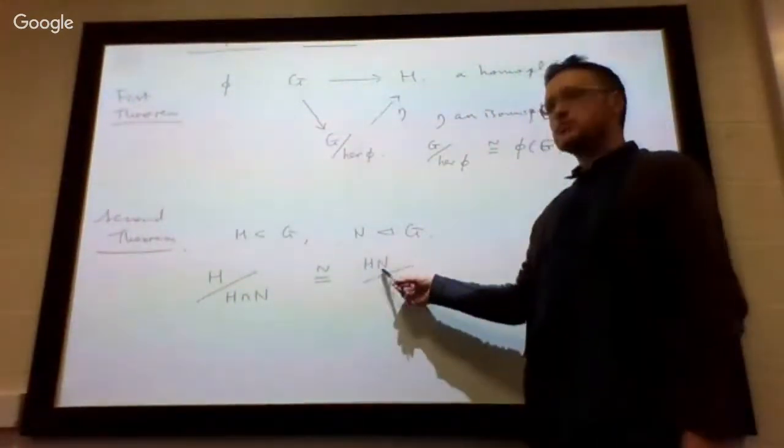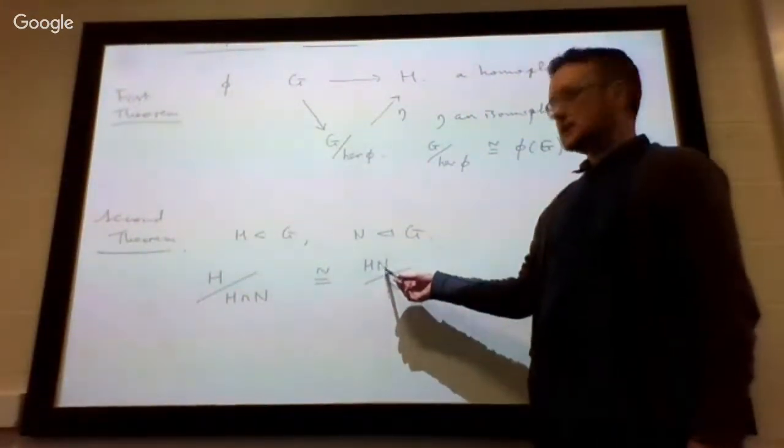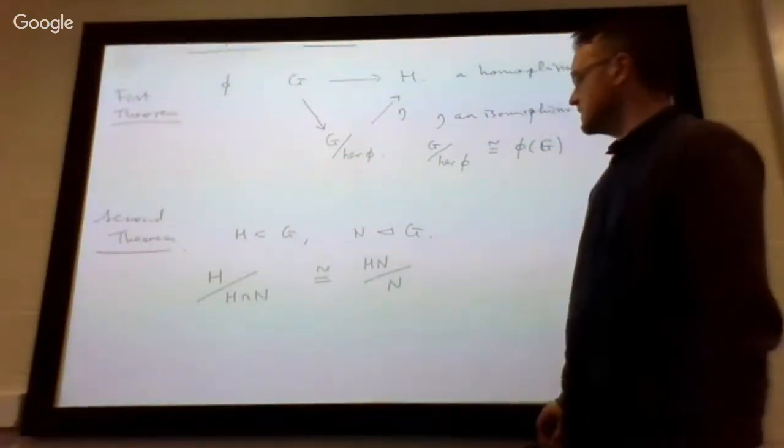It's the set of all products little h times little n. Yeah, so you can multiply together subsets like that.